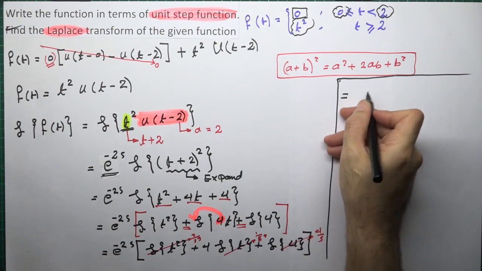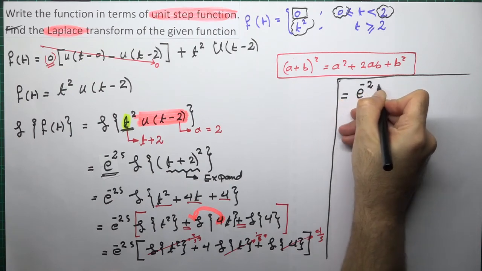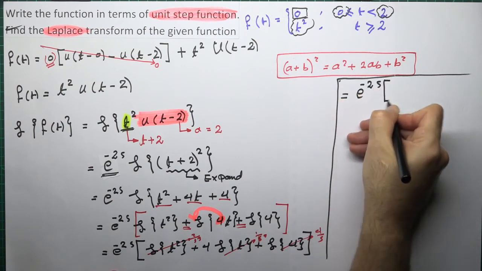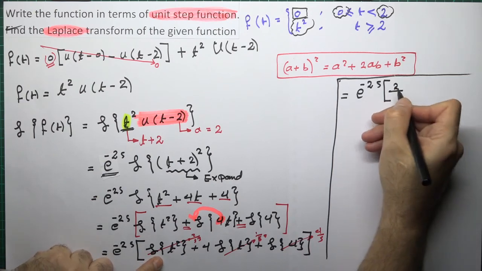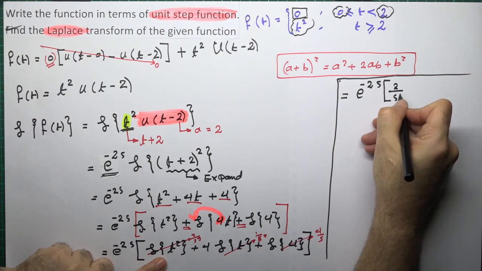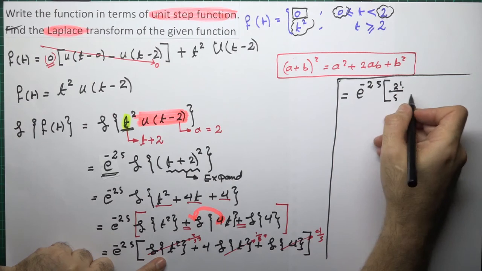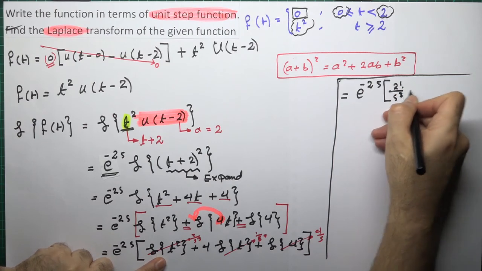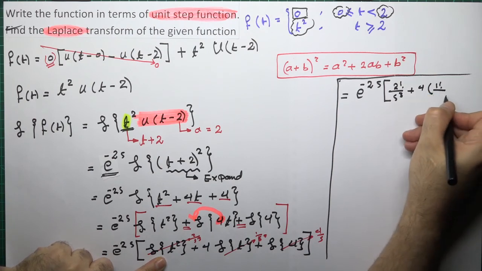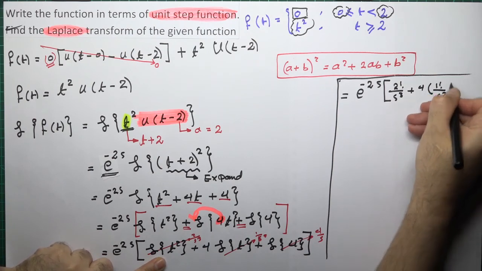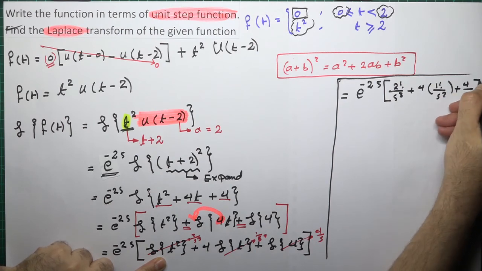So it will be e to the minus 2s times, we have here 2 over s to the n plus 1، اللي هي طبعا 2 or 2 factorial, it's the same, 2 factorial over s to the power of 3, plus 4 times 1 factorial over s squared, then plus 4 over s.